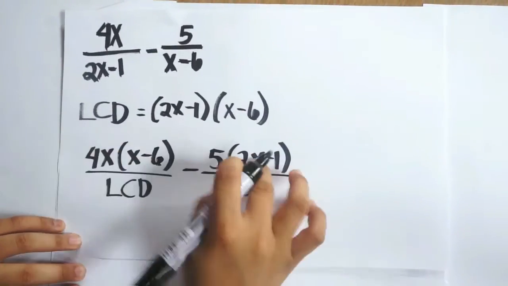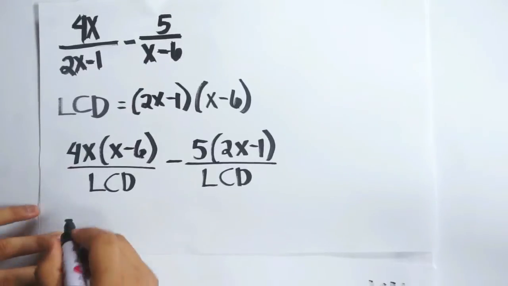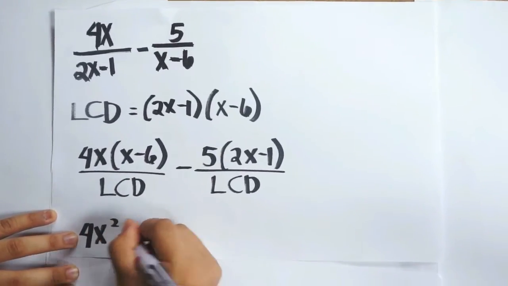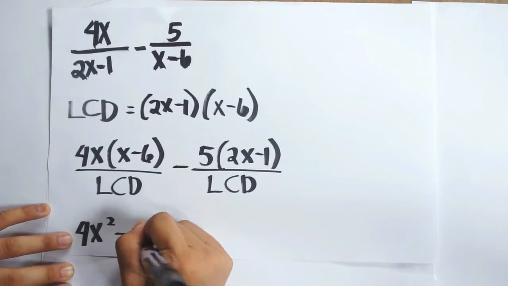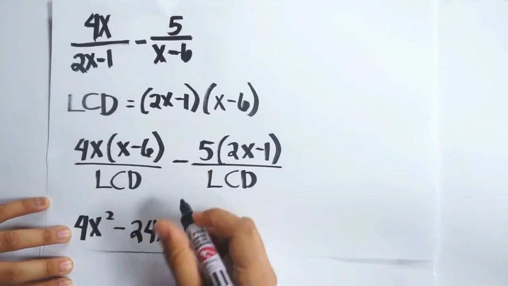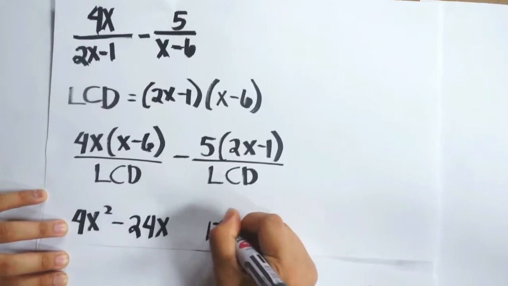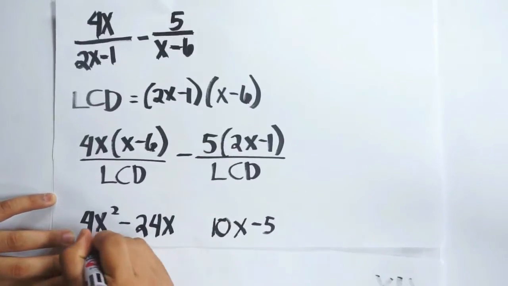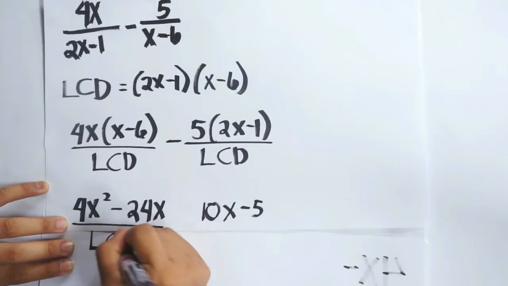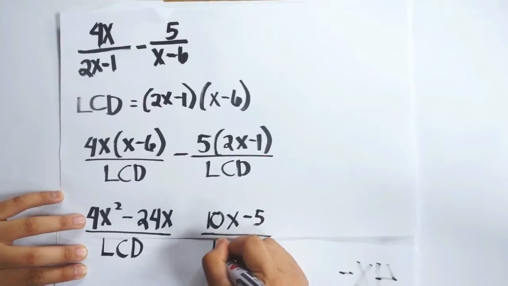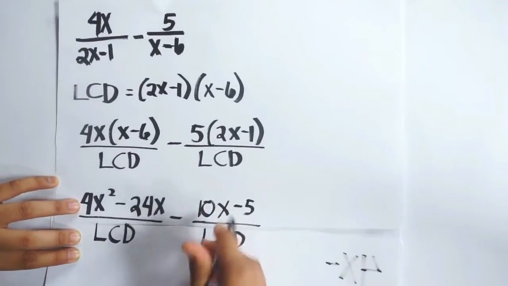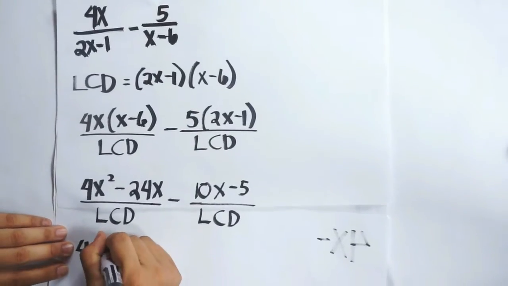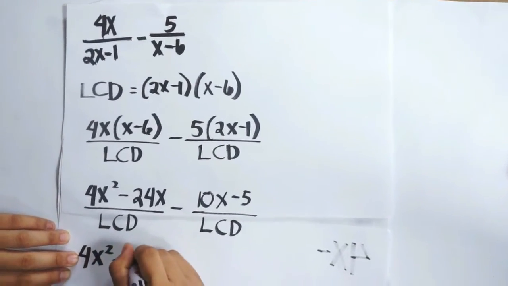Next we distribute this to this and this to this. So 4x times x minus 6 is 4x squared minus 24x. And 5 times 2x minus 1 is 10x minus 5 over LCD. Never forget to put the minus sign since this is subtraction. Next we combine the two fractions.